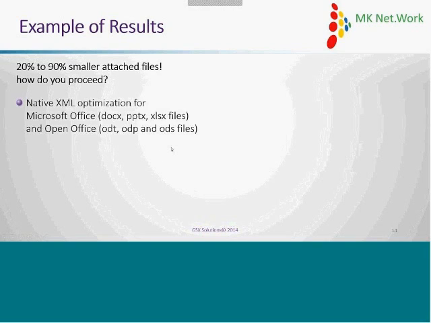Results are sometimes very impressive. With image files like JPG, PNG, etc., we also do native optimization. It means after the file has been processed by our software, the image file is still an image file made smaller by Zipmail, for instance. And visually, there is no difference. Like for the XML files, you can open them side by side.